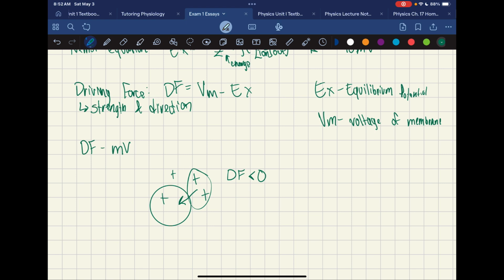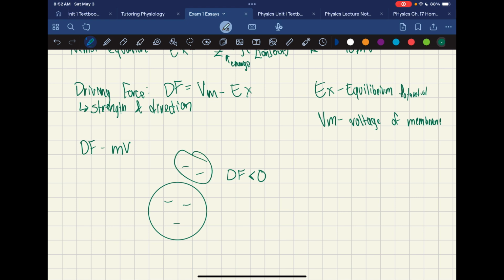And then let's do it, but if it were negative charges, how about that? Let's say our driving force, again, is less than 0, but we're talking about negative ions here.